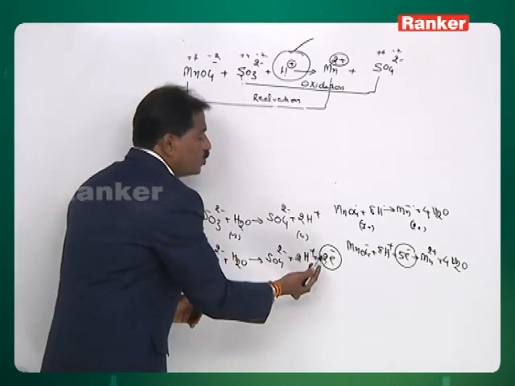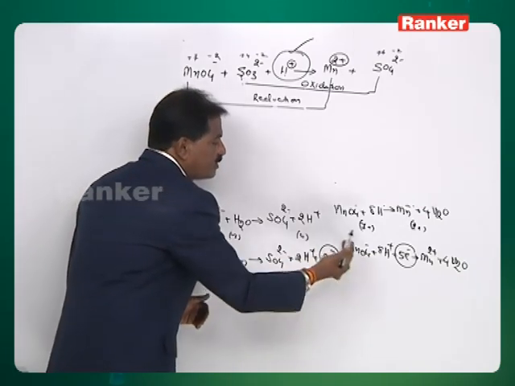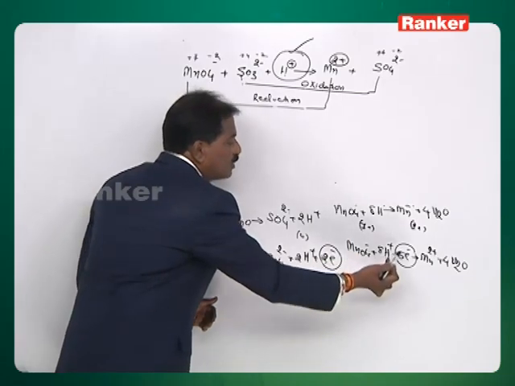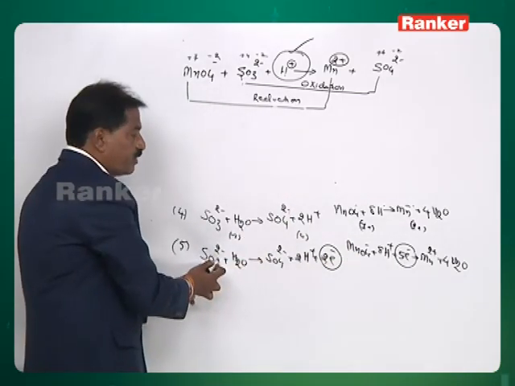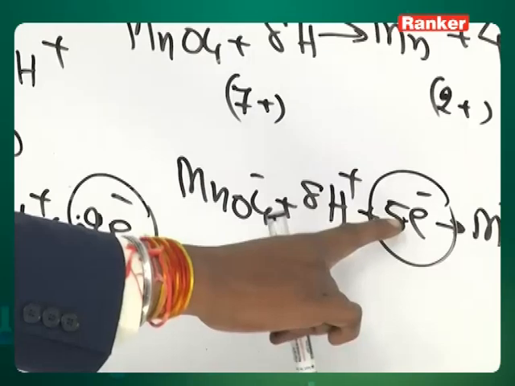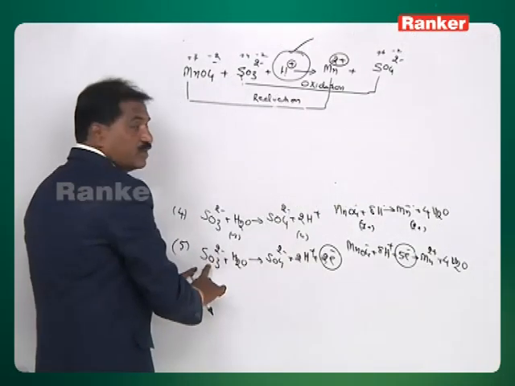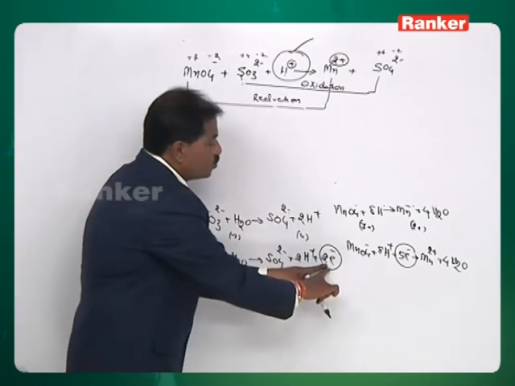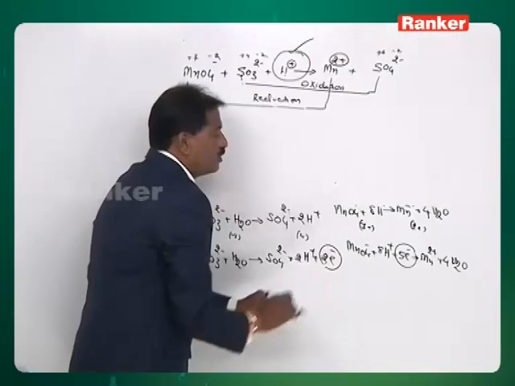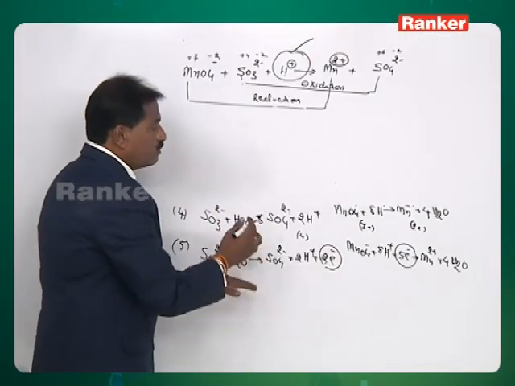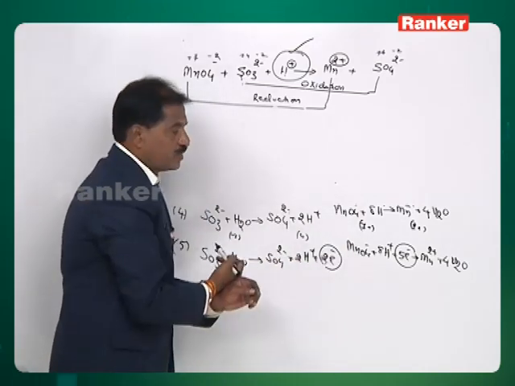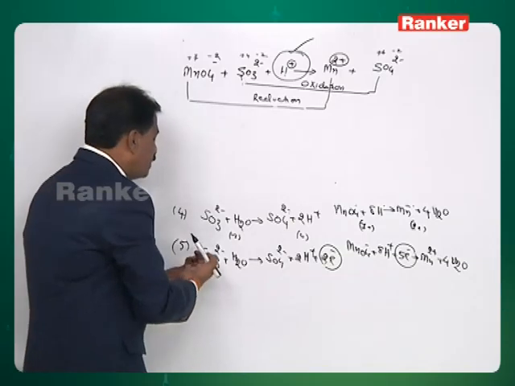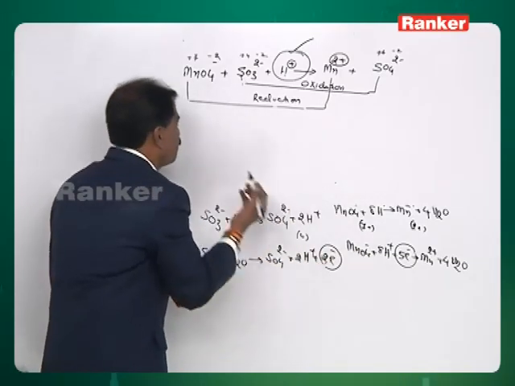Here we have added 2 electrons, therefore multiply the second reaction with 2. Here we have added 5, therefore multiply the first reaction with 5. That means with this 5 you have to multiply this reaction, and with this 2 you have to multiply this reaction. By exchanging the electron number, I am multiplying the opposite reactions. First I multiply the first reaction with 5.